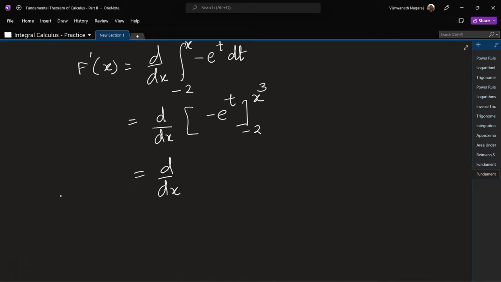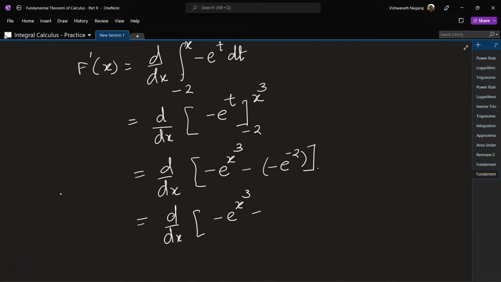F of b minus f of a, so that would be minus e to the power of x to the power of 3 minus e to the power of minus 2, which is equal to d by dx of minus e to the power of x cube plus 1 by e square.